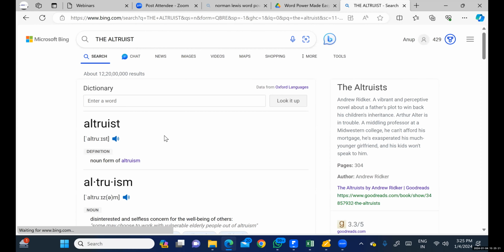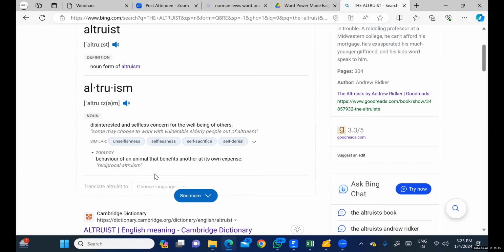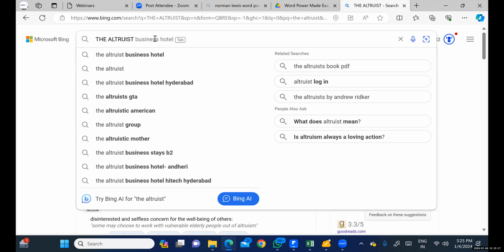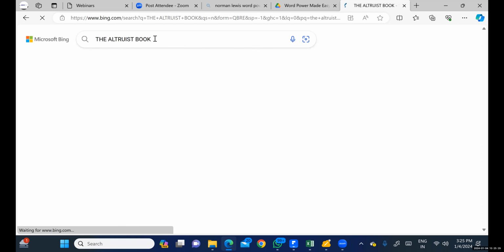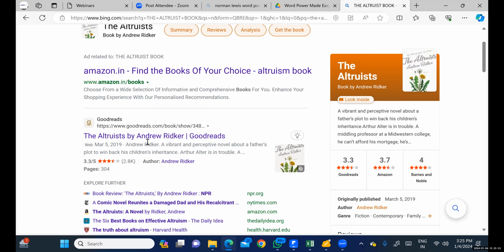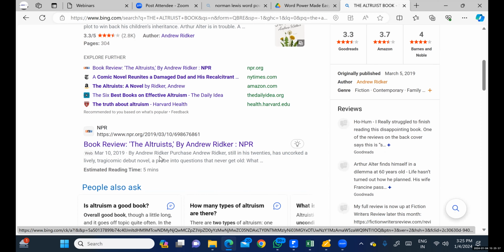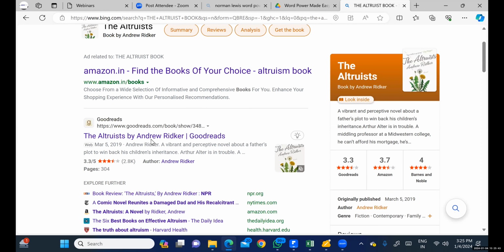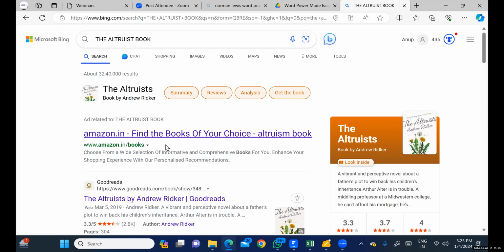And there's a movie also. Here, The Altruist by Andy Rutger. Excellent book. Must try reading it. You will learn a lot from this book about helping people.